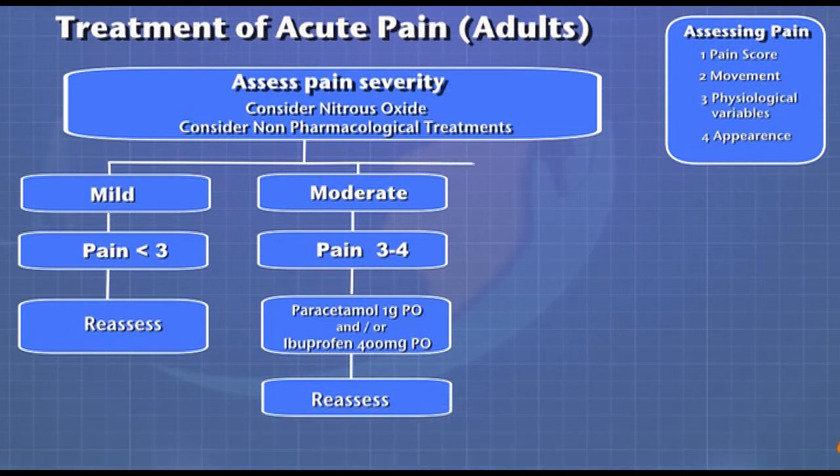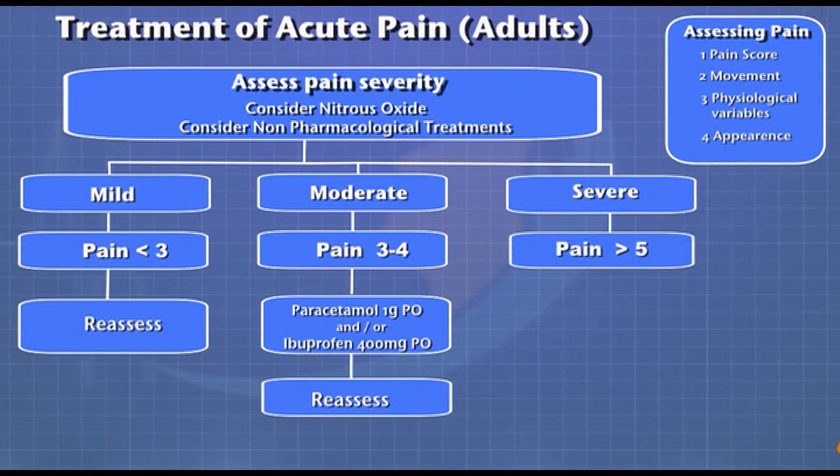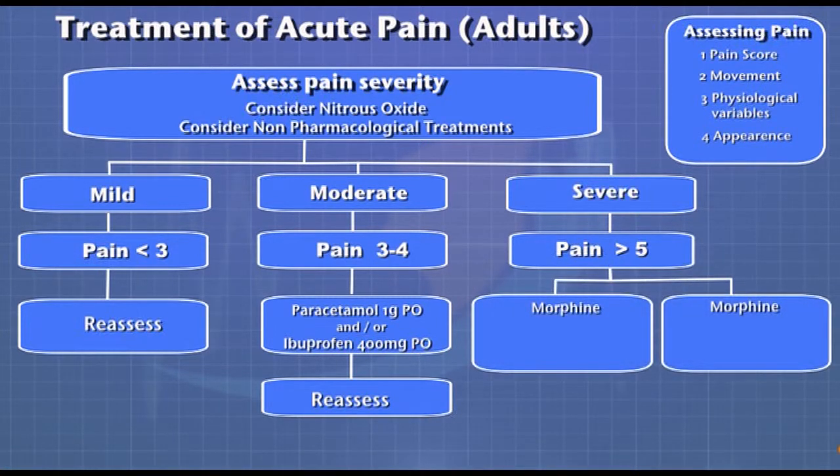As pain progresses and becomes more severe, we may need to use stronger pain relief. Morphine, an opiate analgesic, is an excellent form of pain relief. In adults, it can be given in 2 formats.